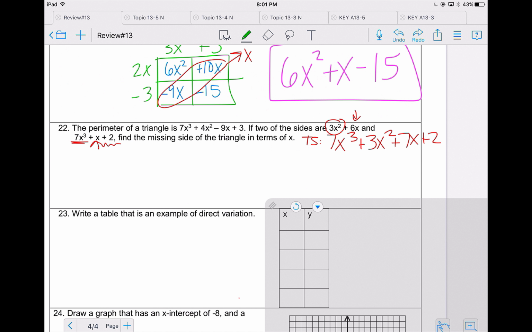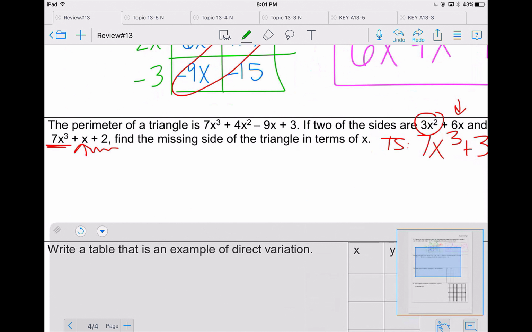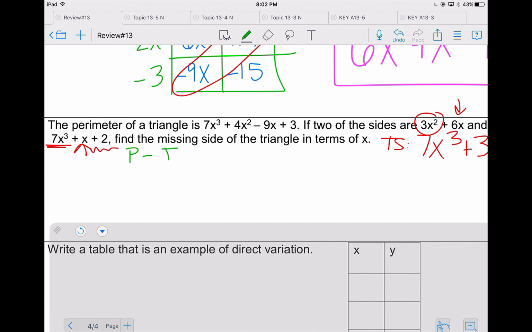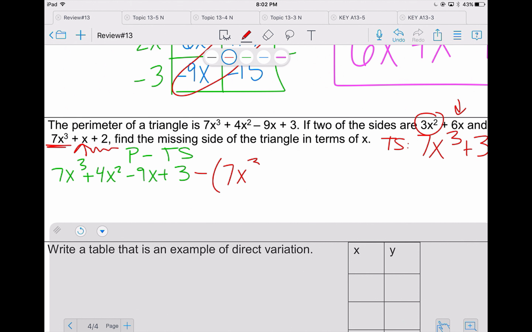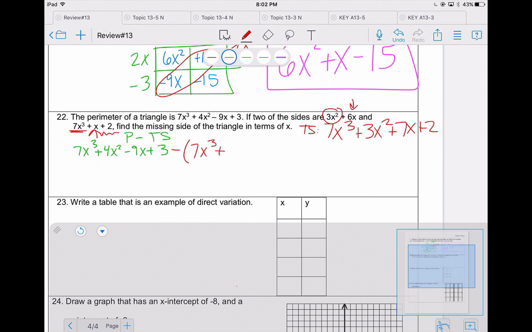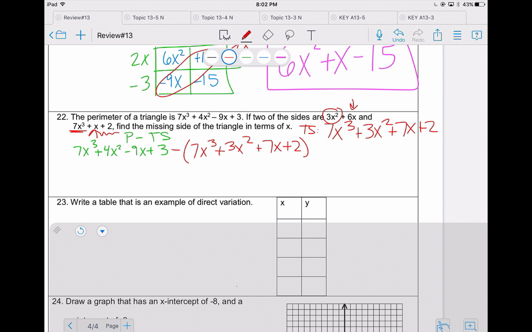In order to find the missing side, I'm going to take the perimeter and subtract the two sides. So my perimeter is 7x cubed plus 4x squared minus 9x plus 3. And I'm going to subtract 7x cubed plus 3x squared plus 7x plus 2.